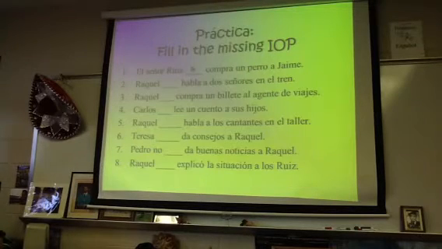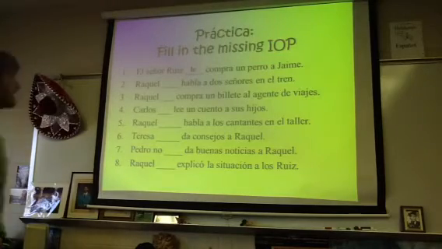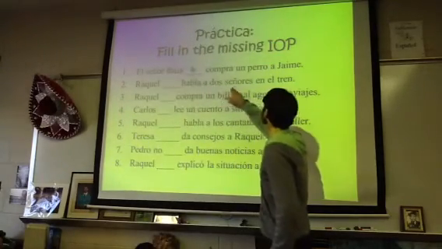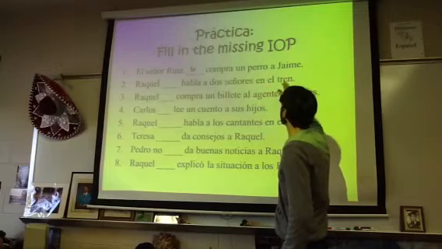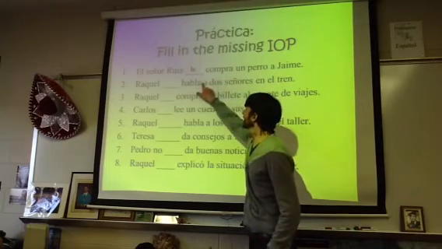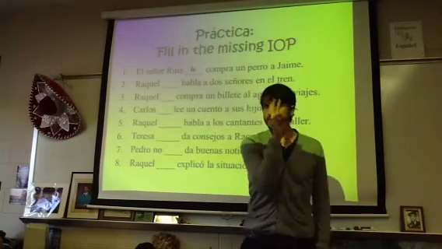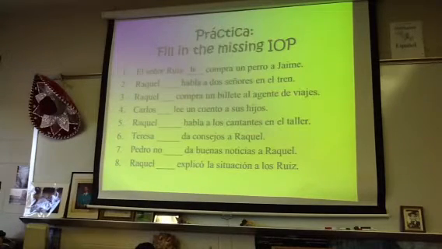Okay? So it is going to be le. Raquel habla a los dos señores en el tren. She is speaking to them. And there's two of them. So would I say le or would I say les? I would say les because there's two of them.